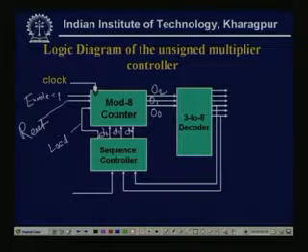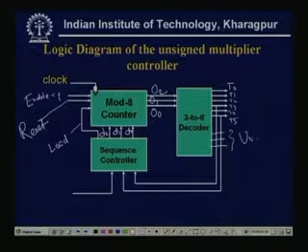From the 3 to 8 decoder, we have seen there are 6 states, so 6 of the 8 outputs are actually T0, T1, T2, T3, T4 and T5, and the rest are unused. These 2 lines are unused.